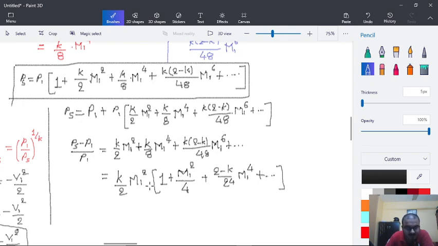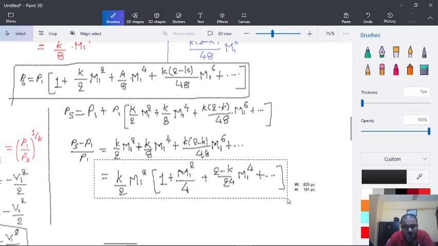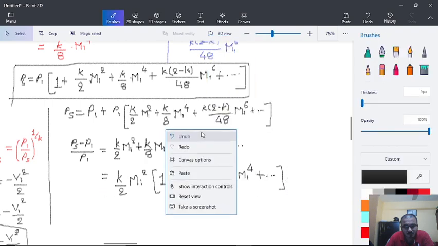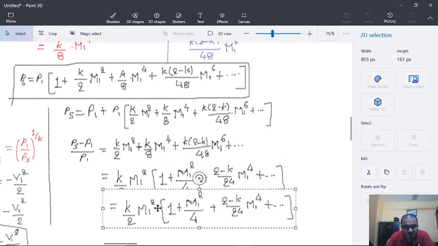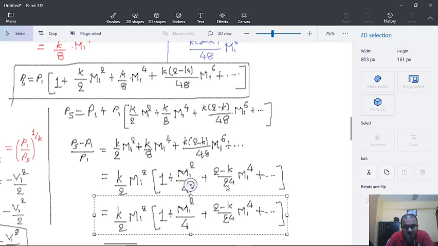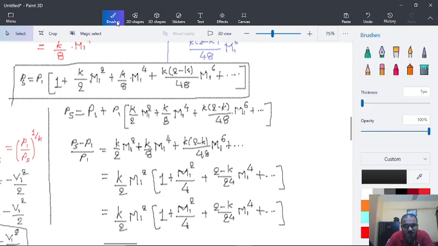So here instead of m1 we can put v1 square and c1 square.